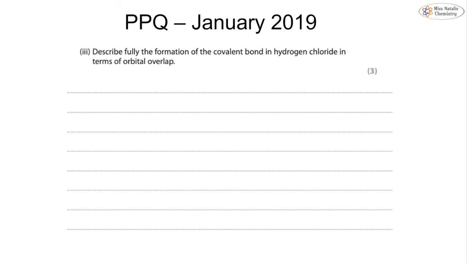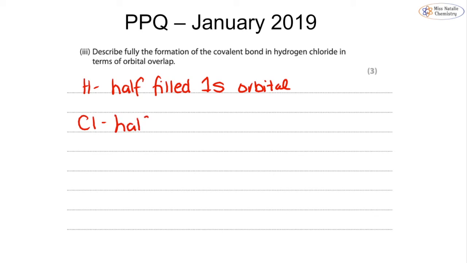And then for 3 marks, describe fully the formation of the covalent bond in the hydrogen chloride in terms of the orbital overlap. So the first thing we want to do is think about what orbitals are involved. So in the hydrogen, we have a half filled 1s orbital. And in the chlorine, we have a half filled 3p orbital.